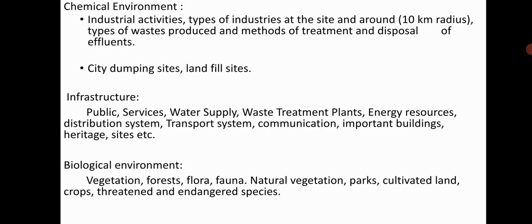Similarly, vegetation, forest, flora, fauna, natural vegetation, parks, cultivated land, crops, and threatened and endangered species come under the biological environment. Similarly, public services, water supply, waste treatment plants, energy resources, distribution system, transport system, communication, important buildings, heritage, and sites come under infrastructure. So these four together make up the environment.